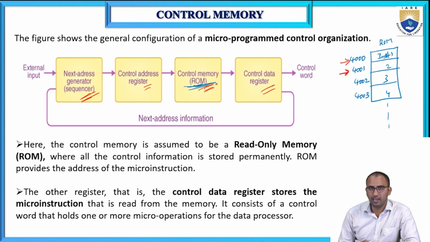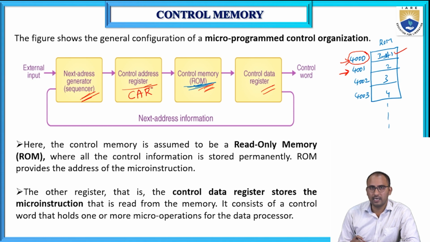In the control memory we have a micro program, a collection of micro instructions. The first instruction is stored at the address 4000. This address will be stored in the control address register, shortly we call it CAR.